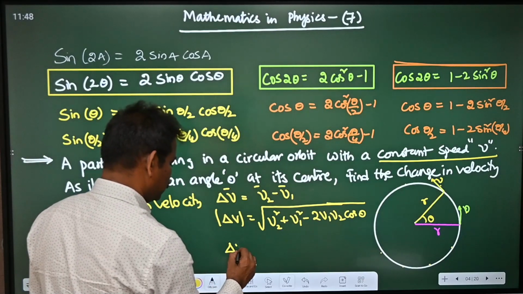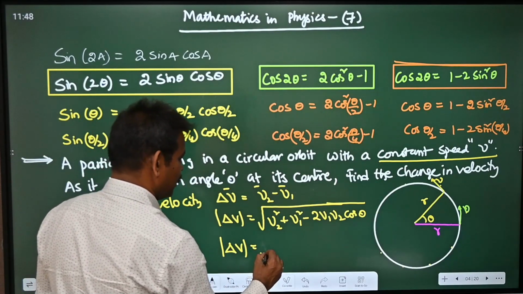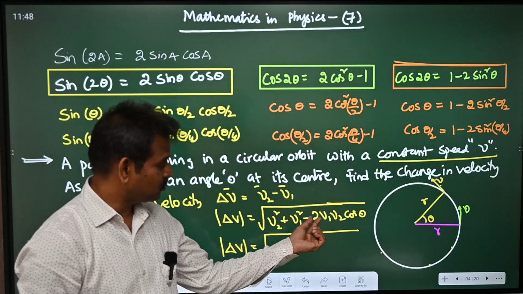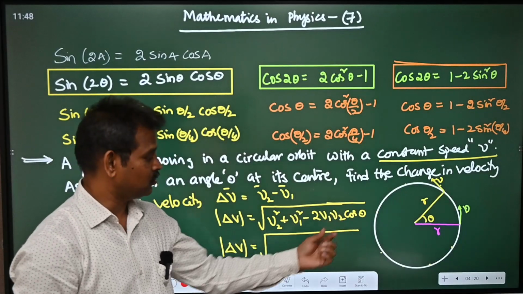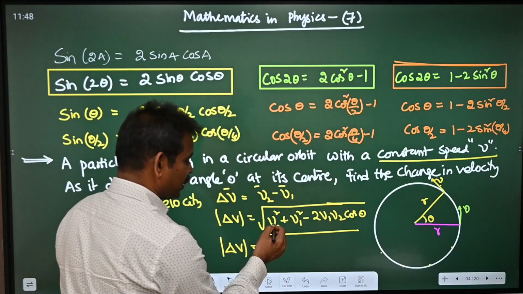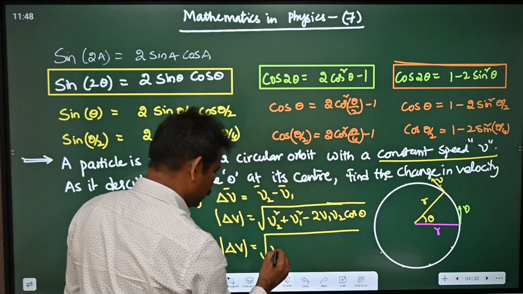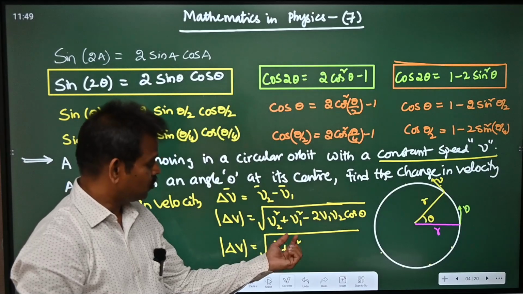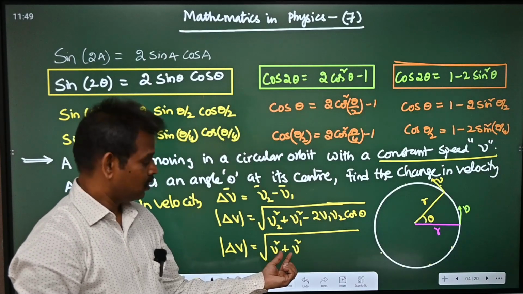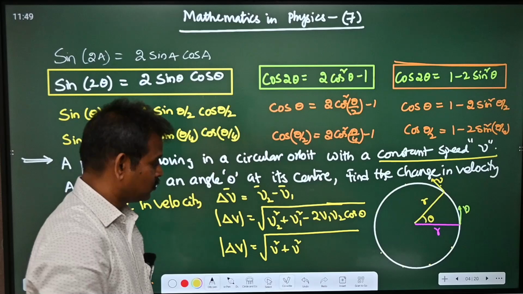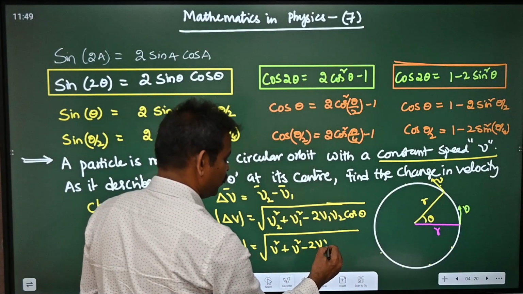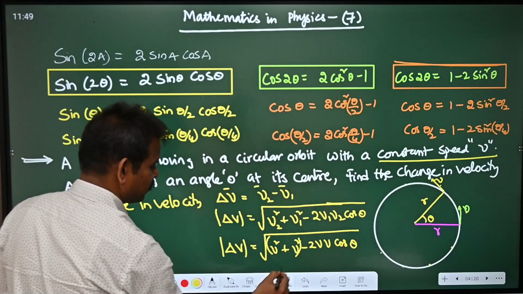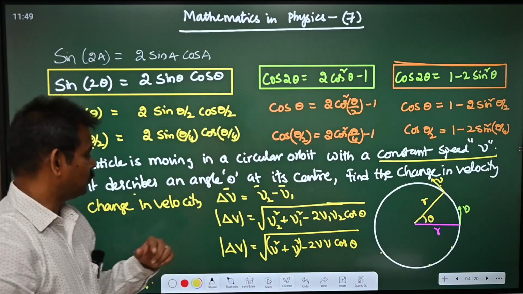So the change in velocity is given by the square of the magnitude of the final velocity plus the square of the magnitude of the initial velocity minus 2 into the product of the magnitudes of the two velocities into cos theta. This is v square only, this is also v square, because I am not taking the direction here, magnitude only, minus 2vv cos theta.